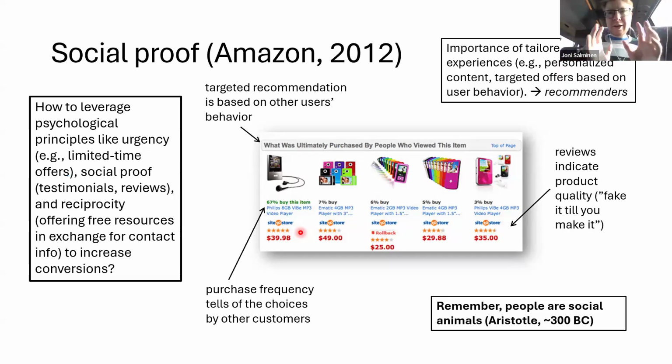So we can just rely on this, and we don't have to go through all that cognitively demanding effort, and we will instead just buy the popular one because we know it's good, right?